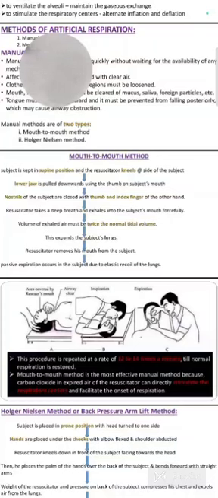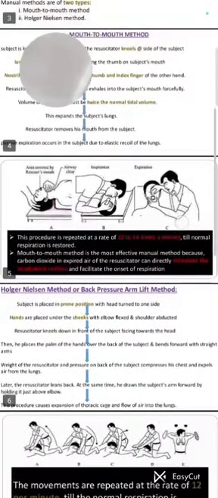So you can see in this picture, this procedure is repeated at a rate of about 12 to 14 times per minute till normal respiration is restored in the subject.